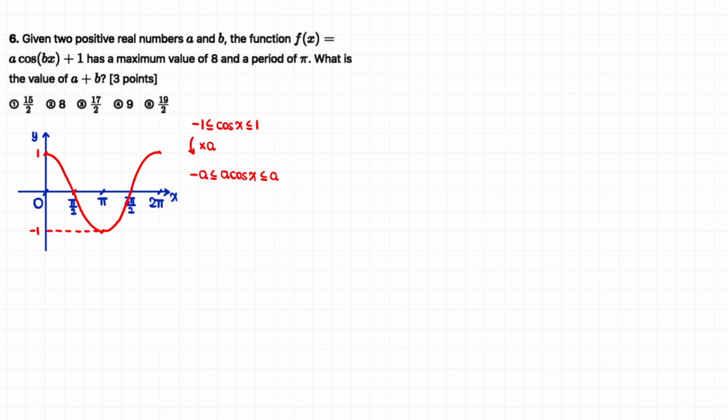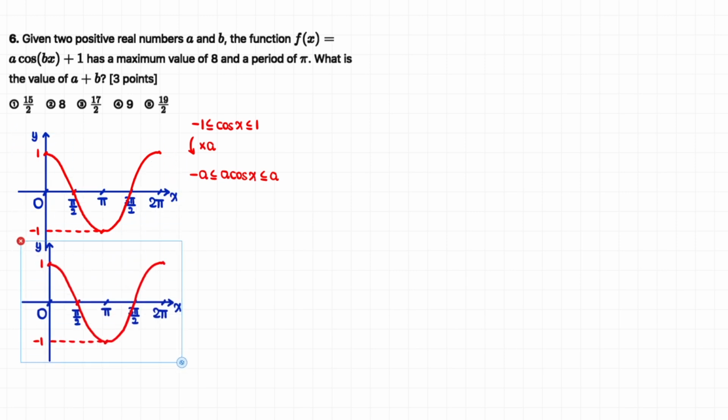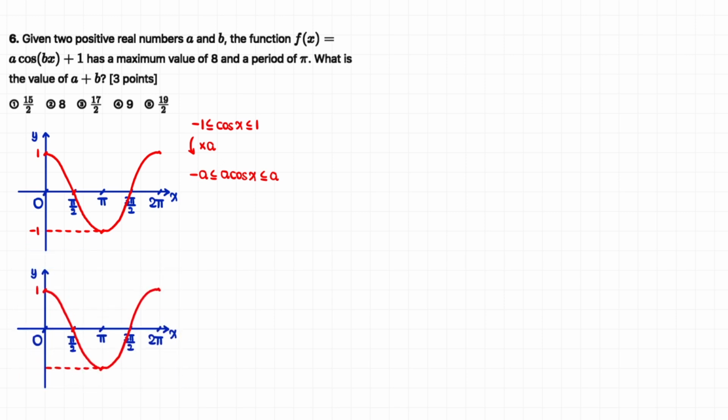So what does that mean for the graph? Originally, the minimum value was -1 and the maximum was 1. But now, since we multiplied by a, the whole graph gets stretched or squished. We don't know whether a is greater than 1 or smaller than 1. Anyway, the new minimum is now -a, and the new maximum is positive a.